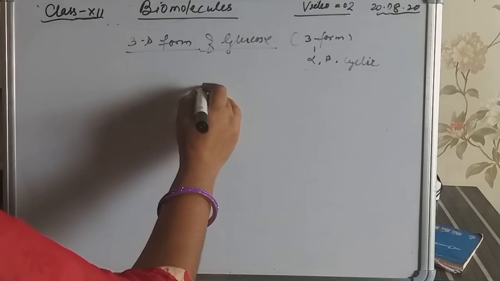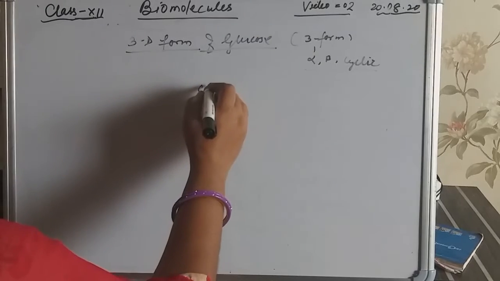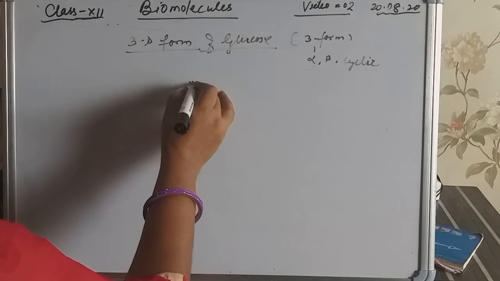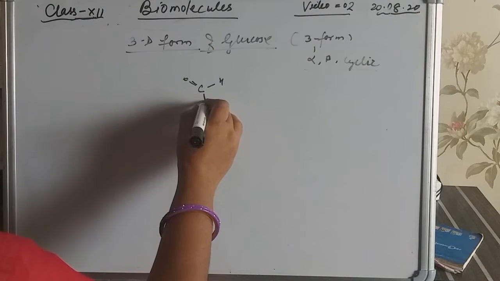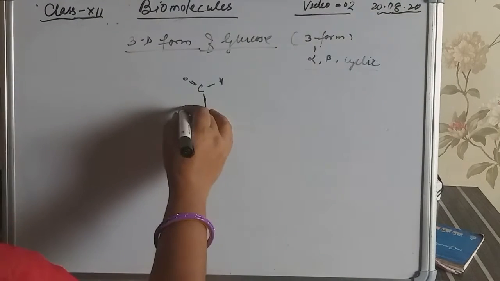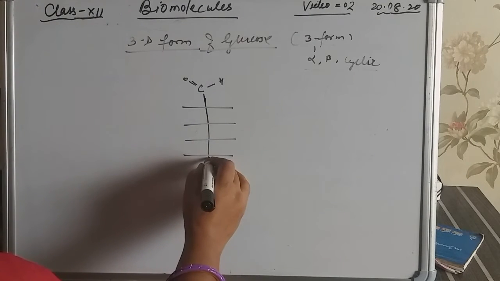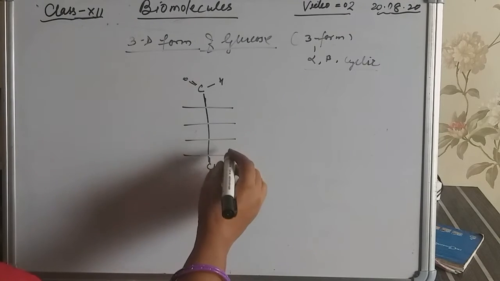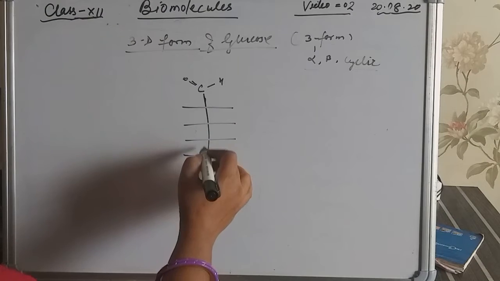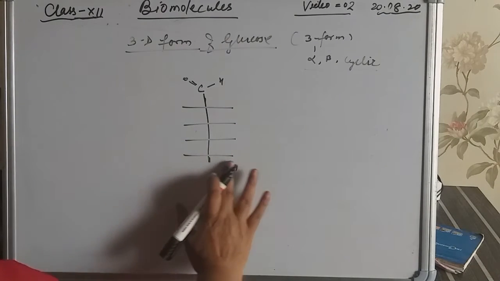At first we write the structure of D-glucose. This is the Fischer projection, in which we number the carbons 1, 2, 3, 4, 5 and 6.